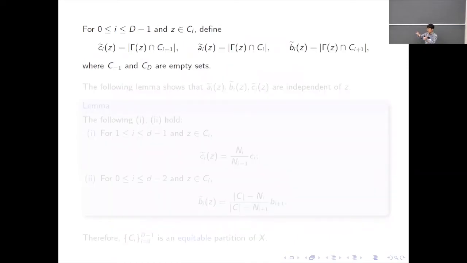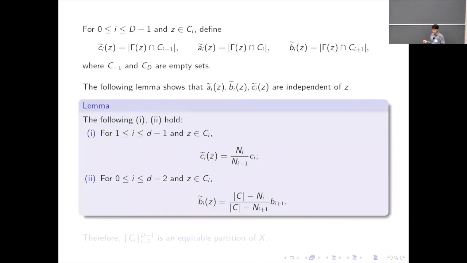Now with this distance partition, C_0, C_1 through C_{d-1}, we choose a vertex z from C_i, and let's think about these scalars, c_i tilde of z, a_i tilde of z, b_i tilde of z. That is, c_i tilde of z is the number of neighbors of z in C_{i-1}, a_i tilde is the number of neighbors of z in C_i, and b_i tilde is the number of neighbors of z in C_{i+1}.